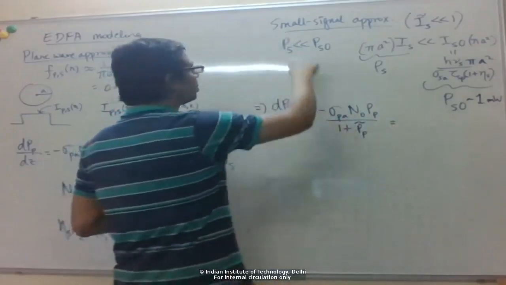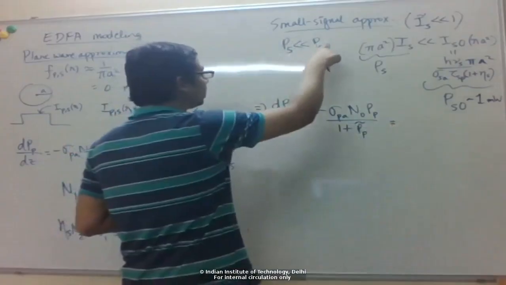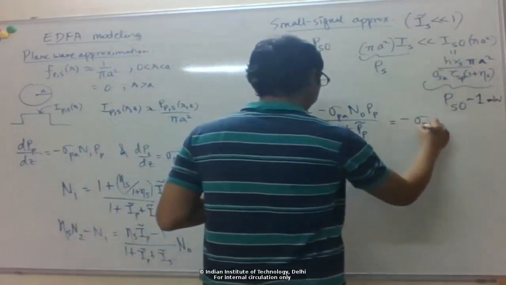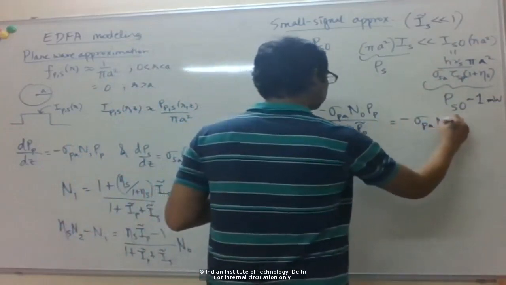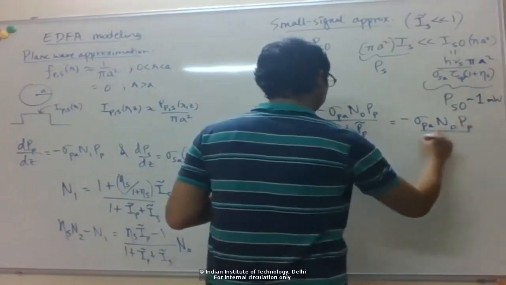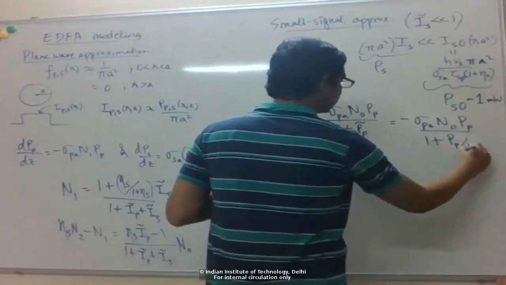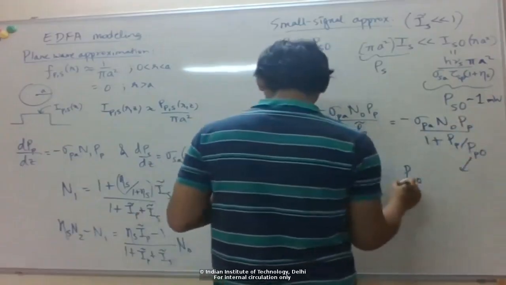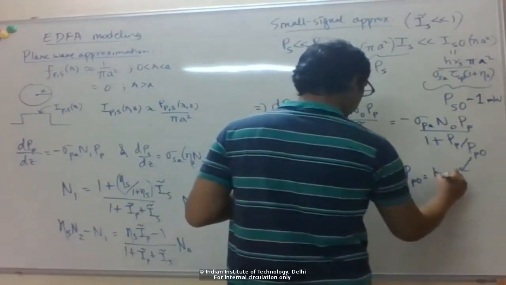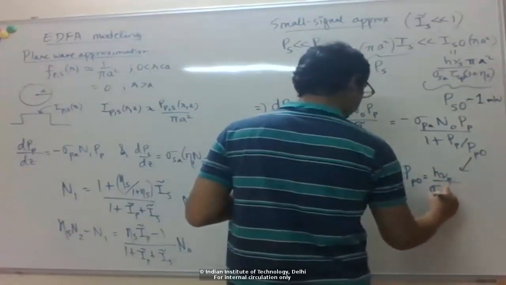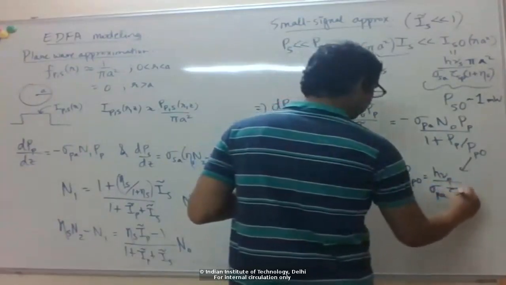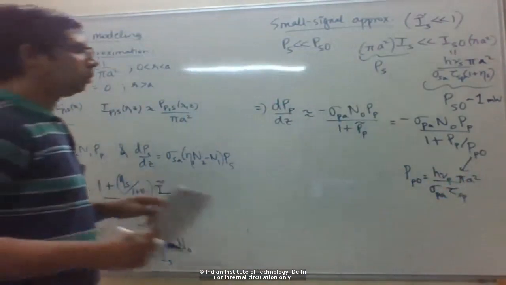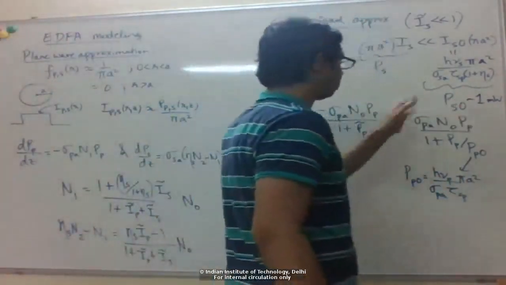Again, this PP tilde is PP divided by PP naught, which was defined as pump power divided by this constant PP naught, which was again the photon energy divided by absorption cross section times lifetime times the core area. And PP naught also has values similar to PS naught, maybe a few milliwatts.